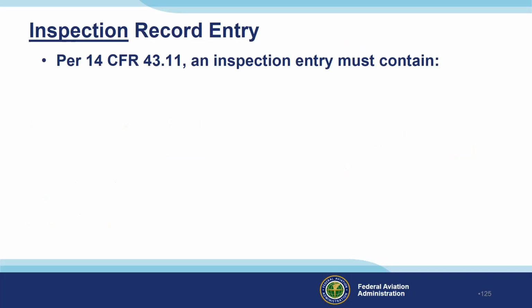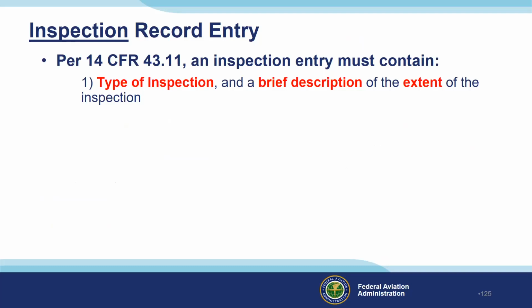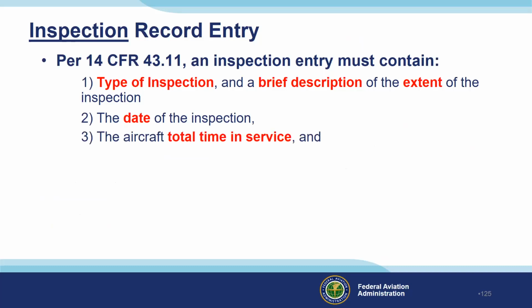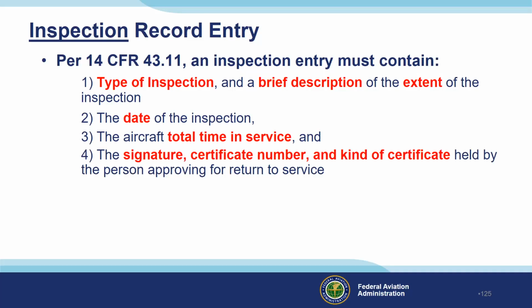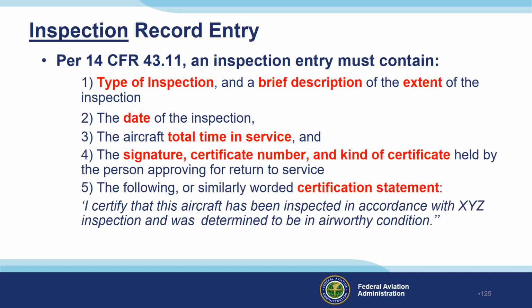Inspection record entry is a little different than a maintenance entry. Type of inspection and a brief description of the extent of the inspection. The date, aircraft total time in service, signature, certificate number, and the kind of certificate held by the person approving for return to service. And then there will be a certification statement. Sure, you've all seen that and probably made many of those entries yourselves.